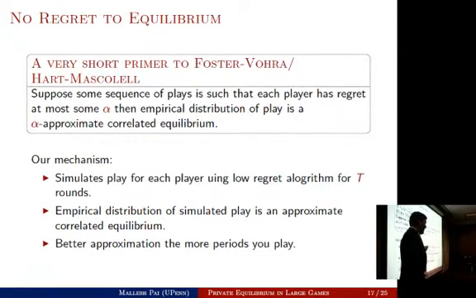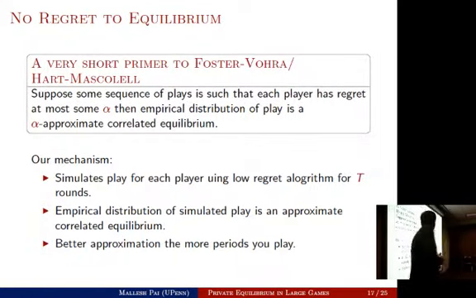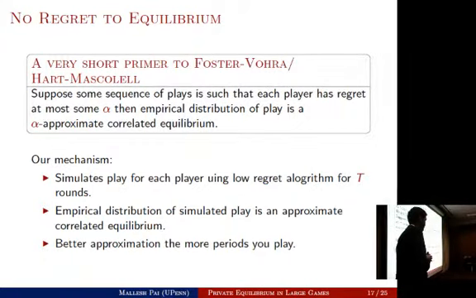Now if you put this together with the observation that the empirical distribution of low regret play is a correlated equilibrium, you therefore have a computationally efficient algorithm to compute correlated equilibria.